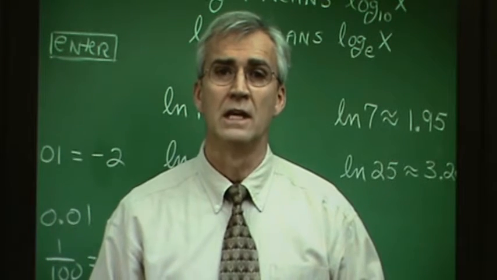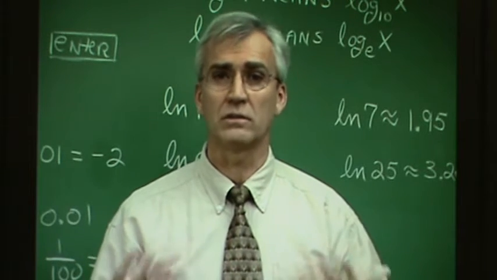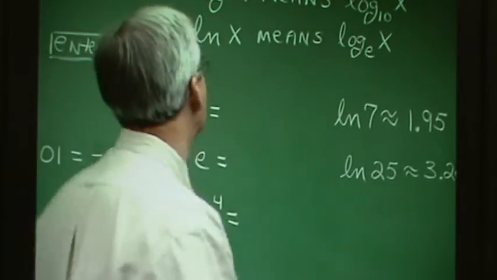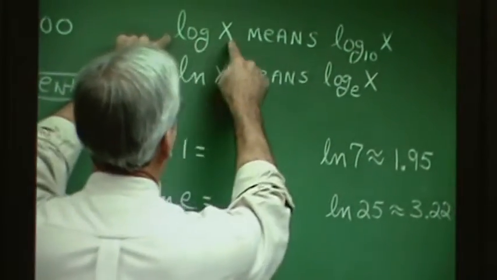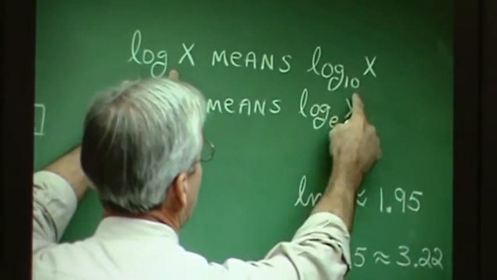Now, because it appears so often, it also has a default aspect within the calculator, and it has a nickname. We know that log x, if no logarithmic base is written, means log base 10 of x.